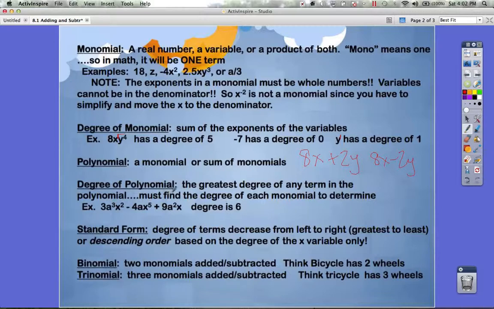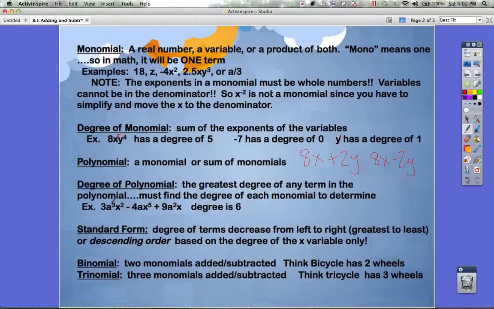For example, you must find all the degrees of the monomials in each part to decide what the degree of the whole thing is. So in my example, it says 3a to the third, x to the second, minus 4a to the first. Remember, there's nothing there, it's a 1. x to the fifth plus 9a squared x to the first. You have to look at each individual monomial and count up its degree.